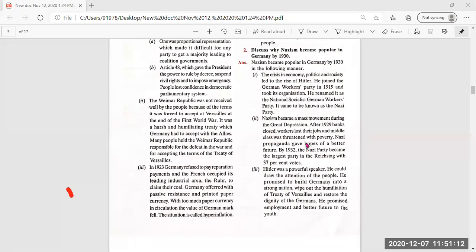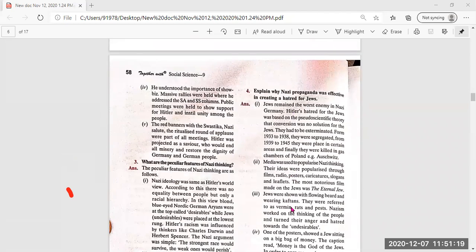Then next, he understood the importance of showbiz, the great pomp and show, to attract the people of Germany so that more and more people would vote for Hitler and his party could come to rule.